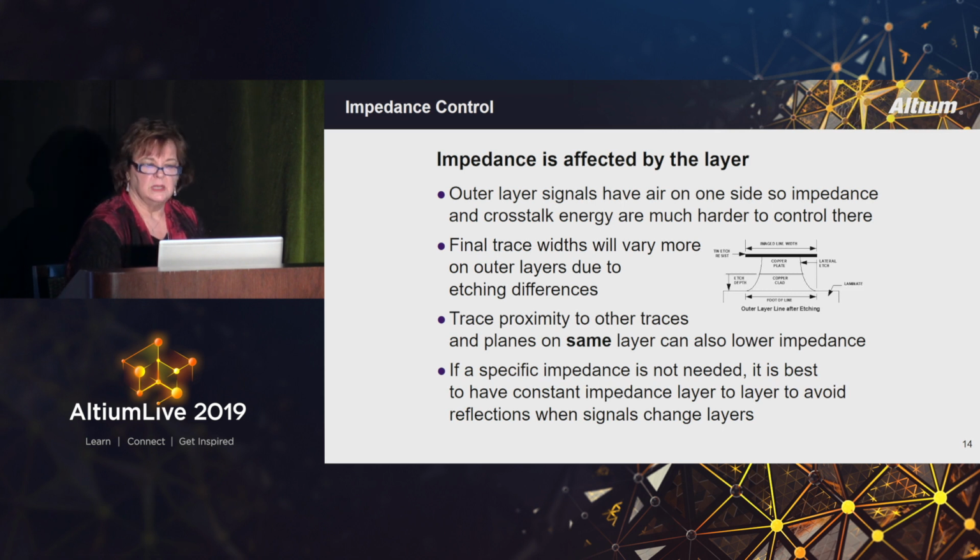And so it's very difficult to control the impedance on that trace, and it's much, much harder to control crosstalk on that layer as well, because that energy has nothing on one side of it but air.